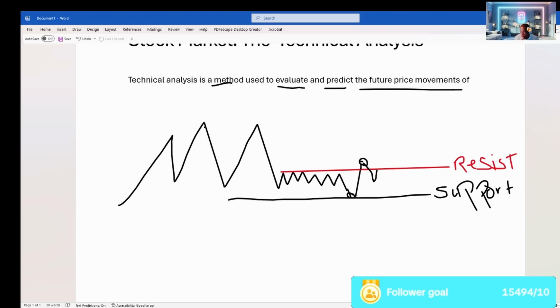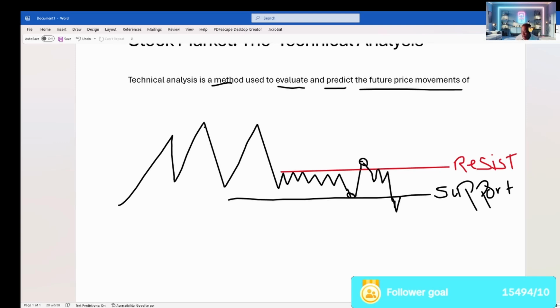Sometimes it hits like a wall and cannot break it, so it stays back. Then it comes back, breaks that resistance, and goes back to hit that support.